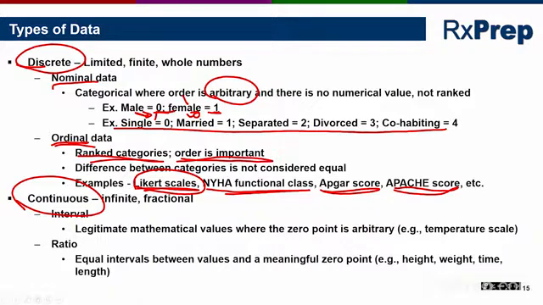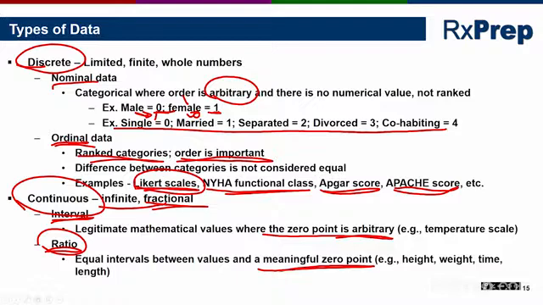Continuous data, we know it's continuous. It goes on and on and on, so we say it's infinite, and it could be fractional. It doesn't have to be just whole numbers. Two types of continuous data are interval and ratio. The difference between the two: with interval, the 0 point is arbitrary, such as in a temperature scale, whereas most of the time we have ratio data, where there isn't an arbitrary 0.